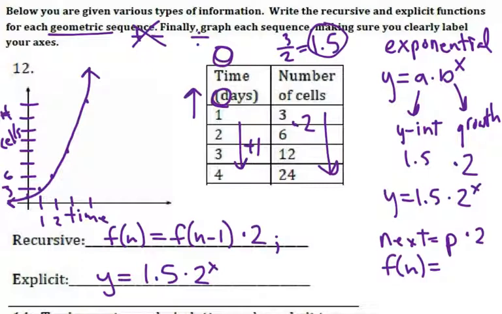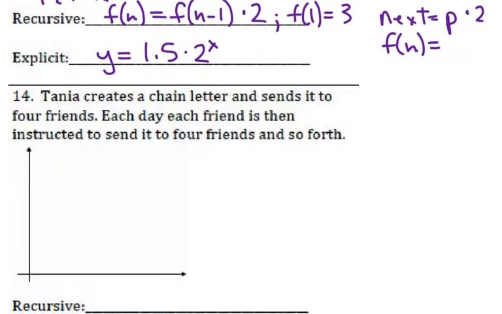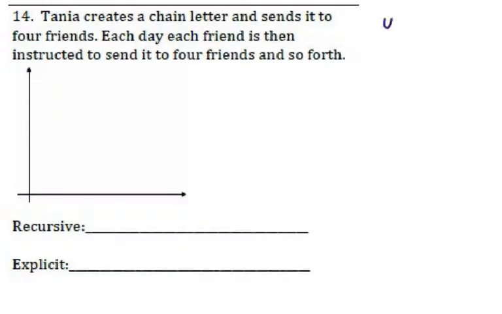Then, where did we start? Well, our first term was 3. And there we go. Okay, little trickier, same concept, but just a little trickier, because you have to know this exponential one. Where that's our y-intercept, that's the growth.